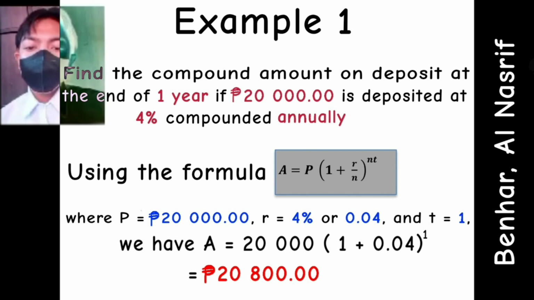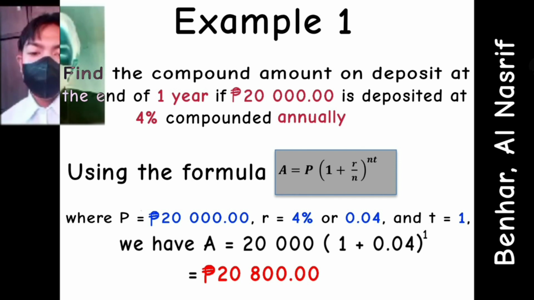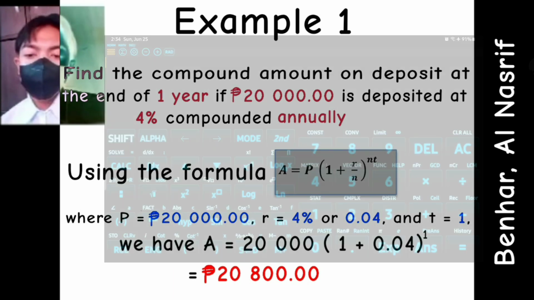30,000 is invested at 7.34% compounded semi-annually. Using the formula A equals P times 1 plus r over n raised to nt, r is the rate equal to 4%, n is 2 and t equals 1.